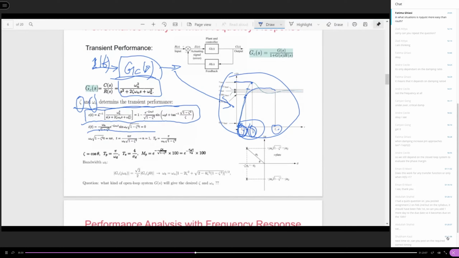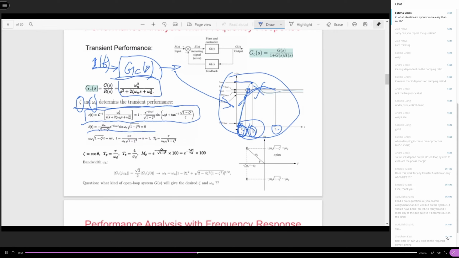For example, if you force the system to stop or turn it off at this point, then of course the response will stop. But if you let the system operate itself, you won't see this kind of behavior.